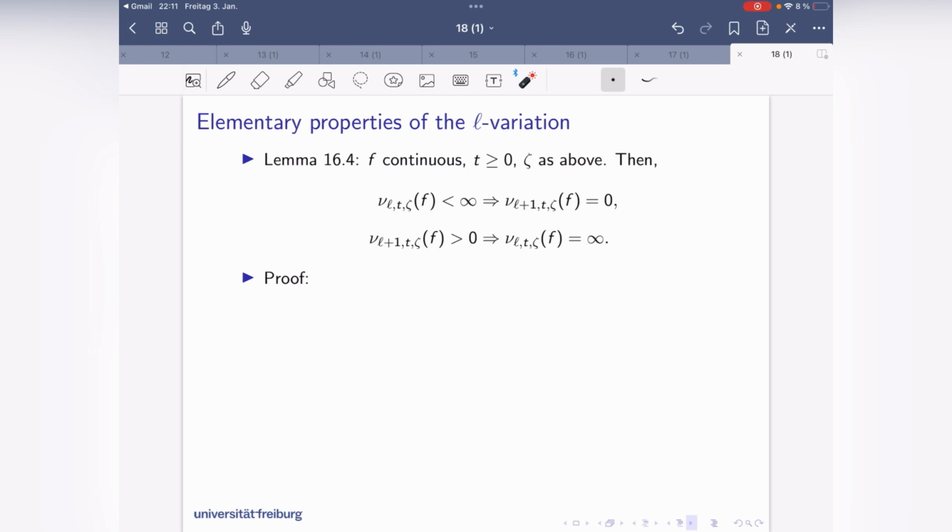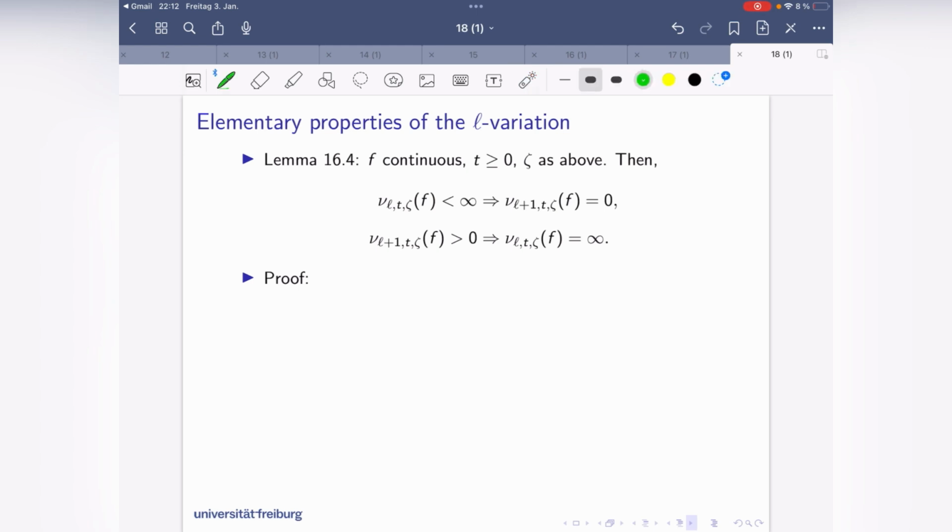I mean, that's basically the same thing, because if this follows from this, the negation of this here follows from the negation of this thing here. The negation of this here is bigger than 0. The negation of this here is equal to infinity. So this is really the same thing.